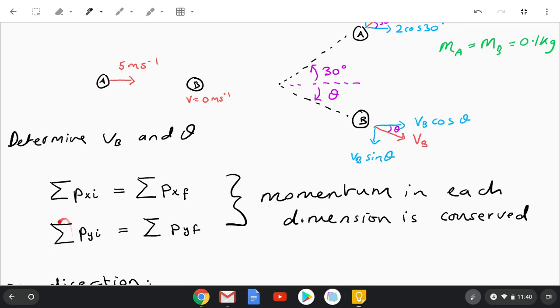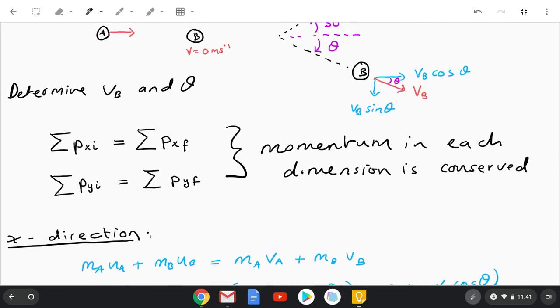And the total momentum in the y direction initially is equal to the total momentum in the y direction finally. So momentum in each dimension is conserved separately.